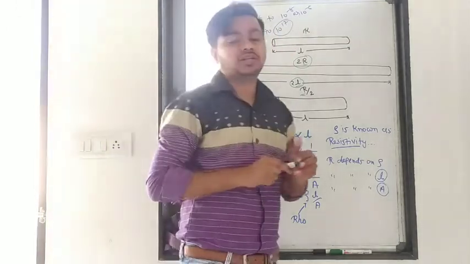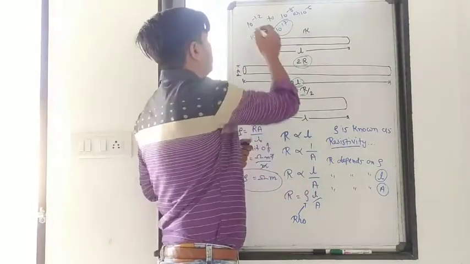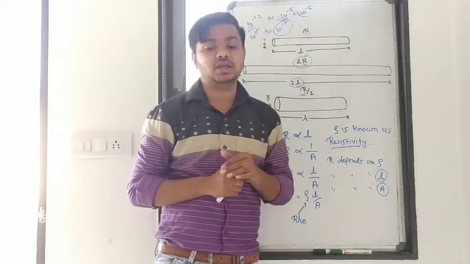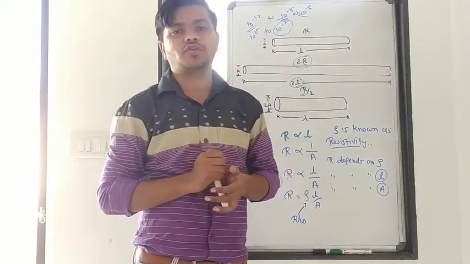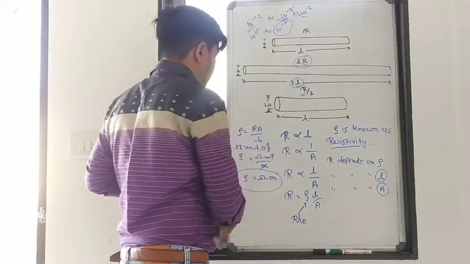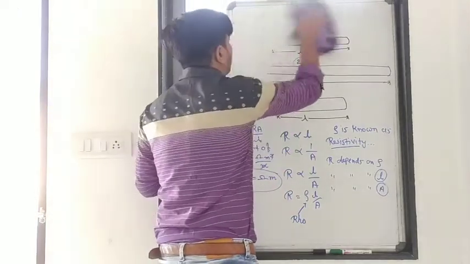Right? For an insulator, the resistivity is higher. For a conductor, the resistivity is less, and because of that low resistivity, current can easily flow through it. Understand? So here is your topic, resistivity. And from this, what do you get?